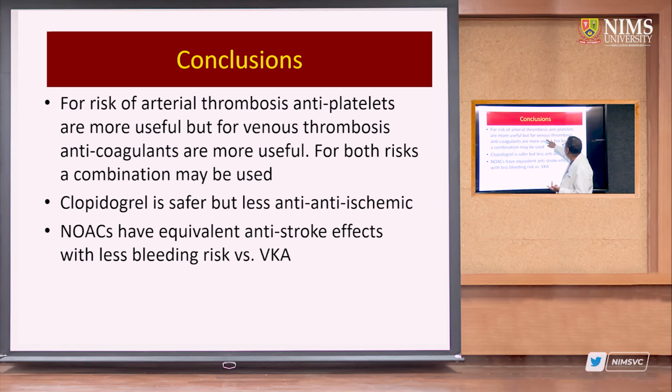If venous thrombosis is a problem, then of course anticoagulants are more useful. Aspirin is a very weak anticoagulant, so maybe don't think of aspirin. Low dose vitamin K antagonist is the next potent anticoagulant, then NOACs, and then high dose vitamin K antagonist. So this is the order.